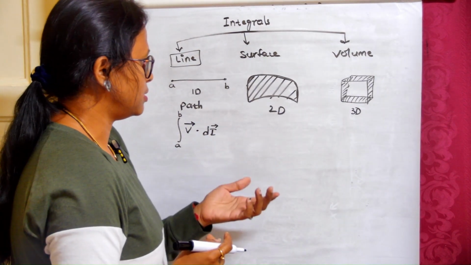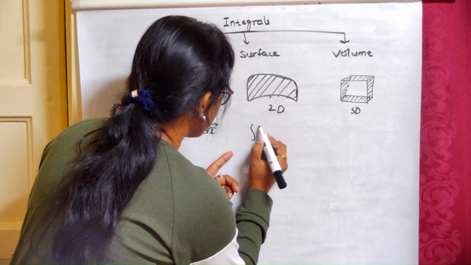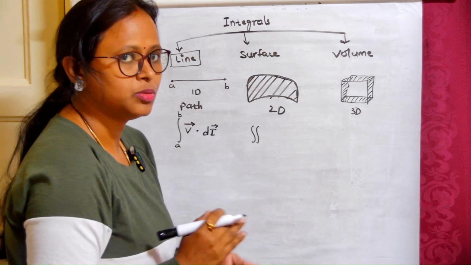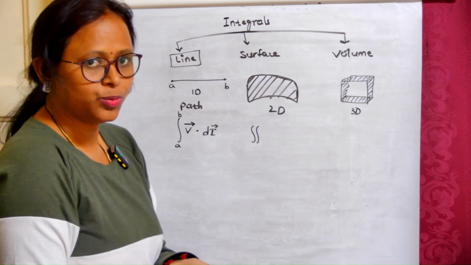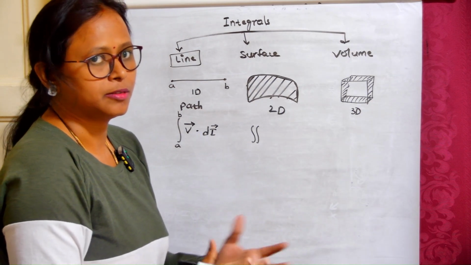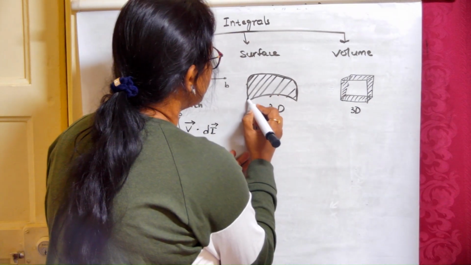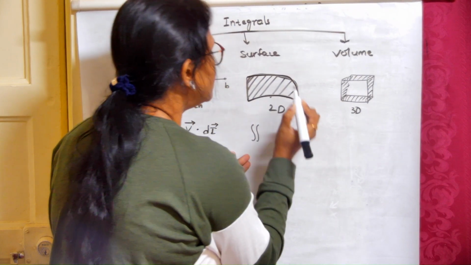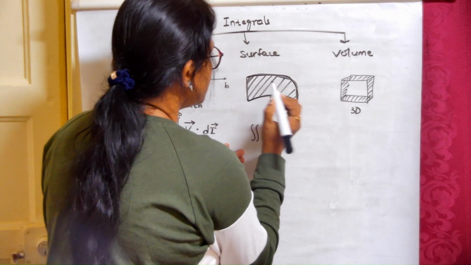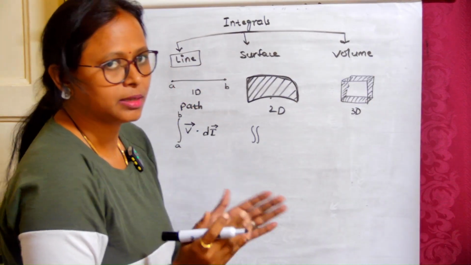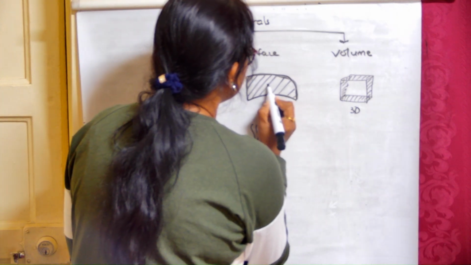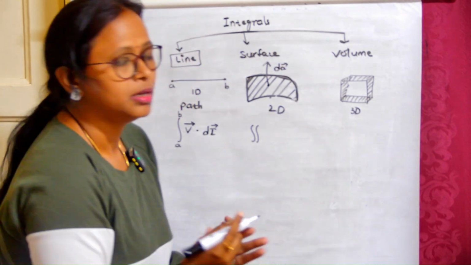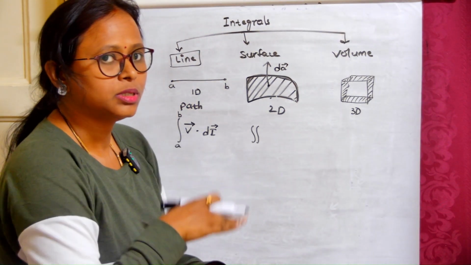And what about surface integrals? As surfaces are two-dimensional, we have to integrate with respect to an infinitesimal patch of surface. That means we are considering this surface, which is bounded by the paths or lines and has a particular surface area. That surface area can be denoted as dA bar, which is a vector whose direction will be perpendicular to that surface.